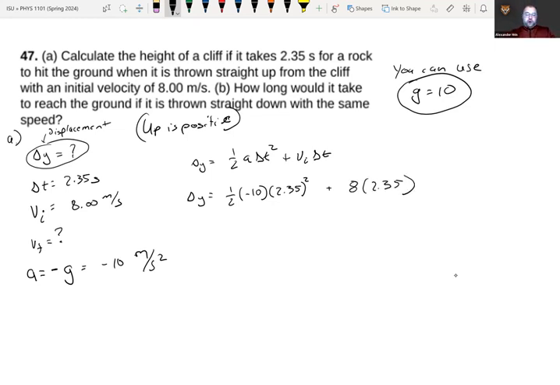Okay, so going through this, what I'm going to get here is negative 26.6125, keeping all the decimals. I could go to the third and then round, because I only need to keep 3 sig figs, but I'm just going to keep all of them. And then that would be 18.8.